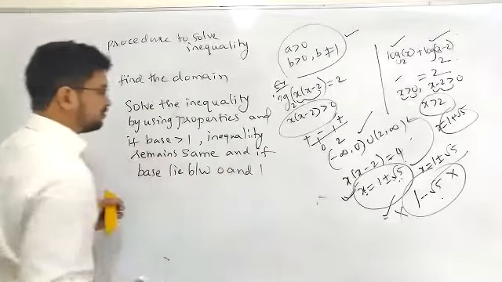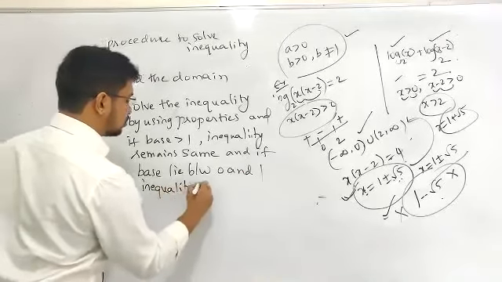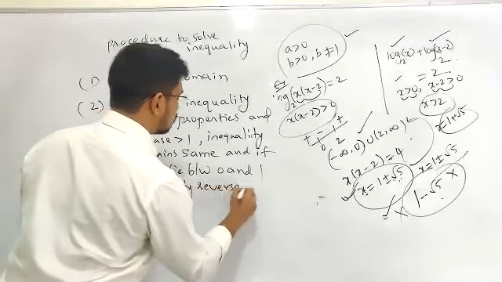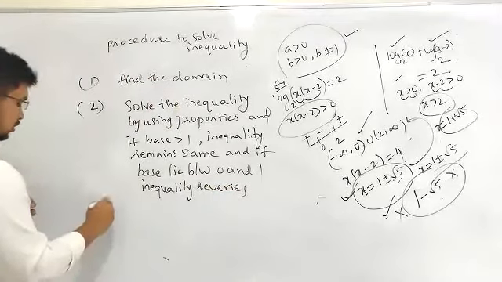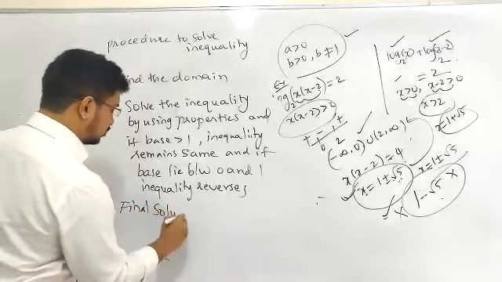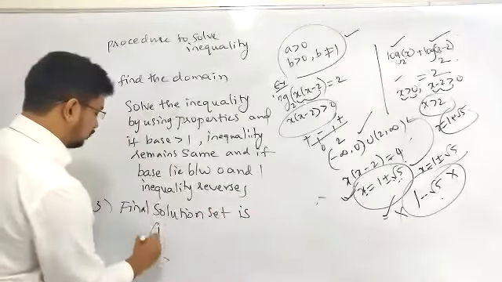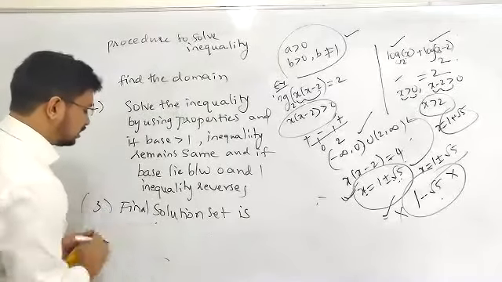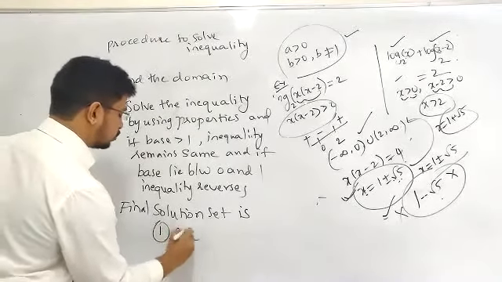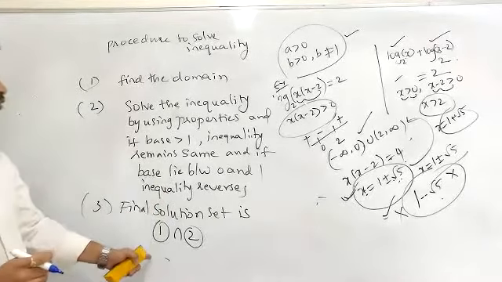And if the base lies between 0 and 1, the inequality reverses. Right? The final solution set will be 1 intersection 2.